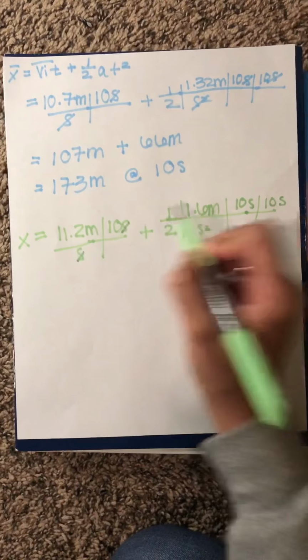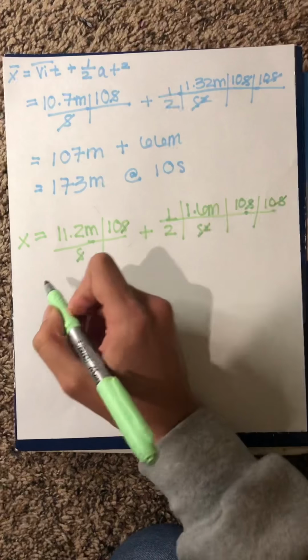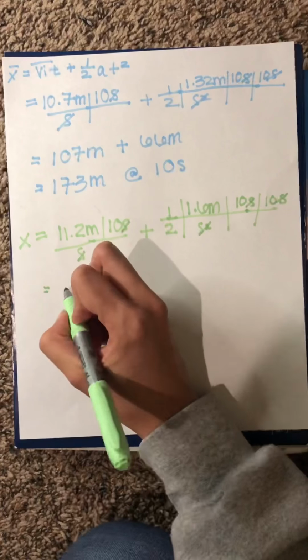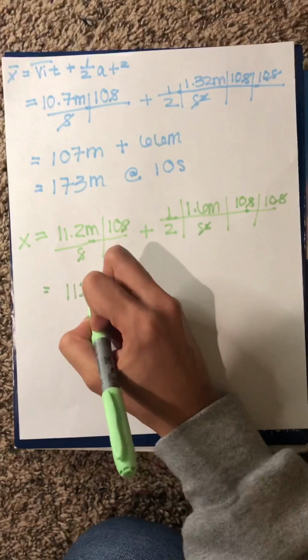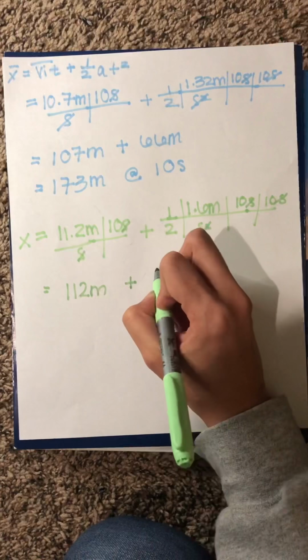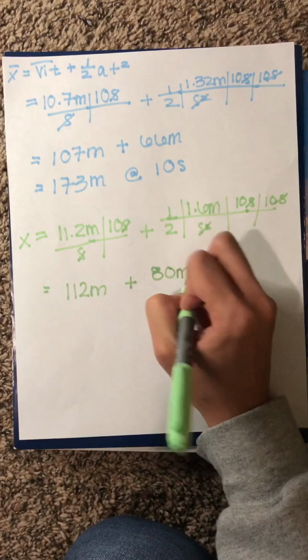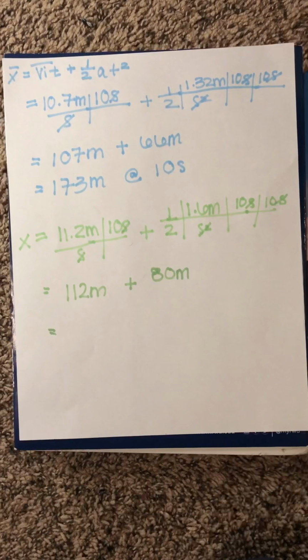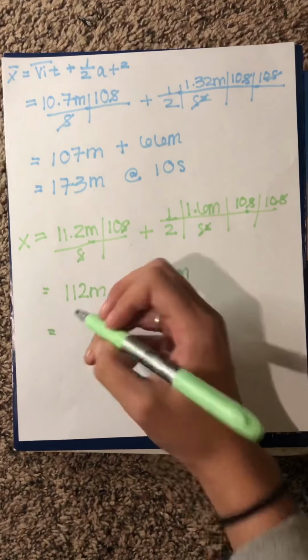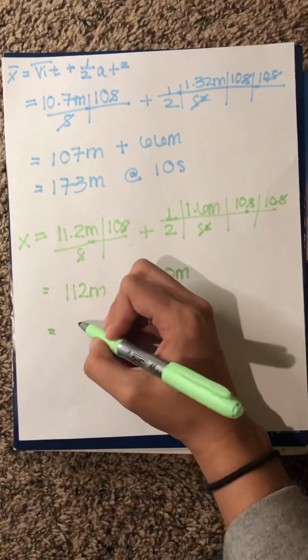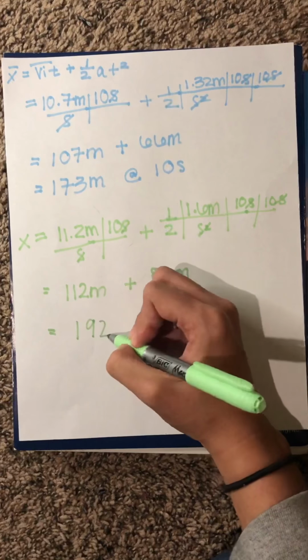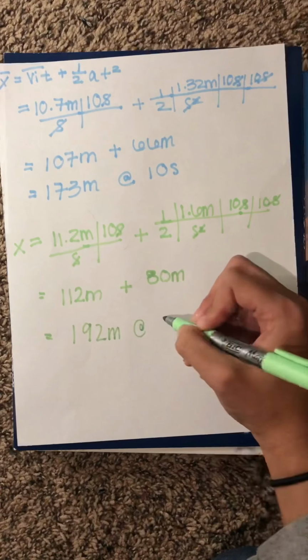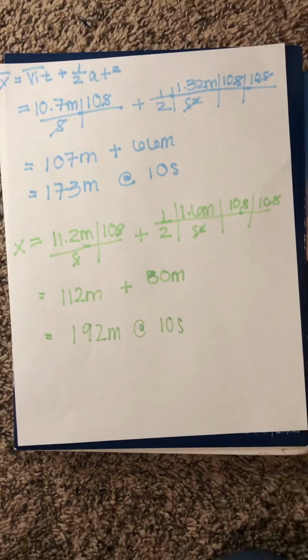We can cross out and cancel units, and we know this is equal to 112 meters plus 80 meters. We know the total distance traveled for go-kart number 2 is 192 meters at 10 seconds.